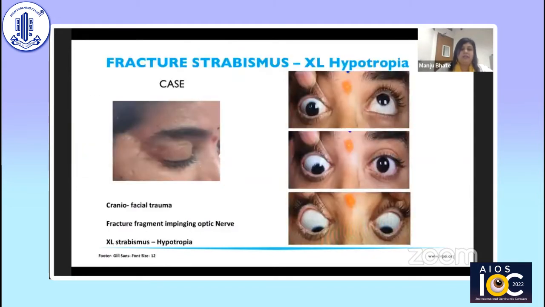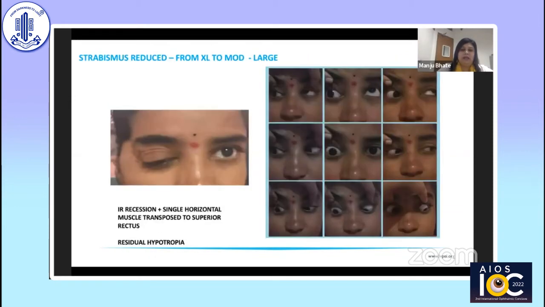Our next patient is a young lady, and she had a craniofacial trauma, and she had a fracture fragment which was impinging on the optic nerve. And she had an extra large strabismus, as we can see in the primary position photo in the middle here. She's got a large right hypotropia. So she initially underwent the fracture repairs and then was referred to the strabismus clinic. Her story spanned over a period of almost 5 years.